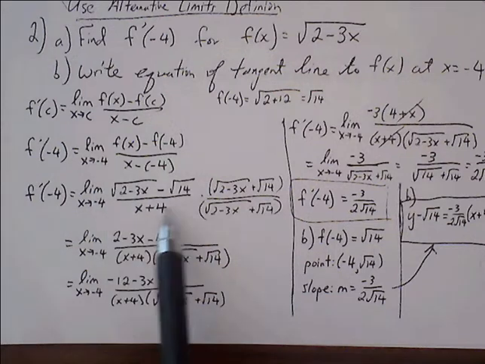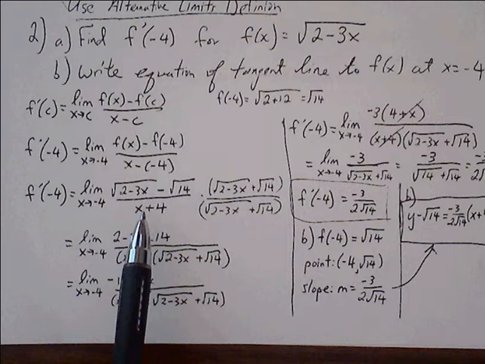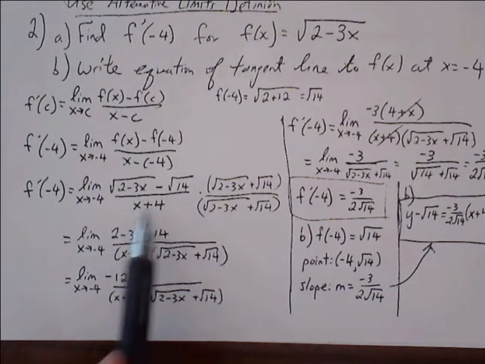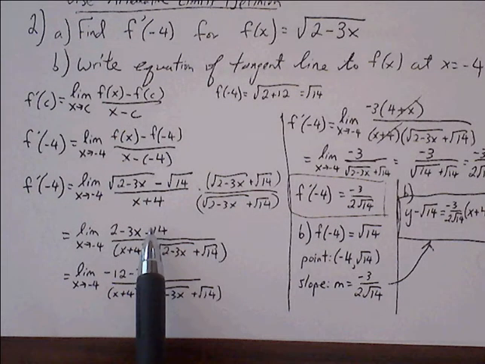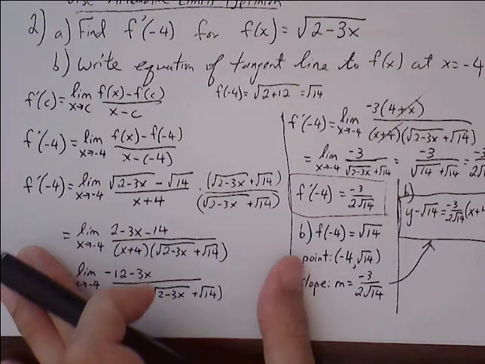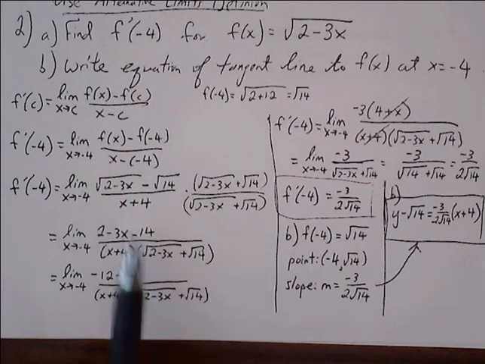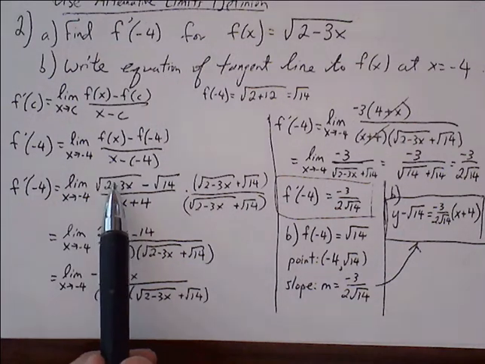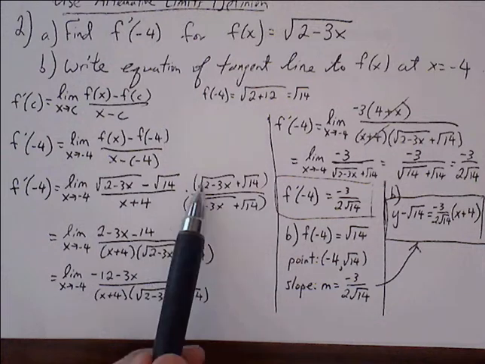So if we look at this limit problem, we see that we can go through the conjugate method. Well, first off, we plug in negative 4, we get 0 over 0. So we know we have to continue with this problem. Remember from chapter 1, one possibility of dealing with square roots in the numerator is going through a conjugate method.